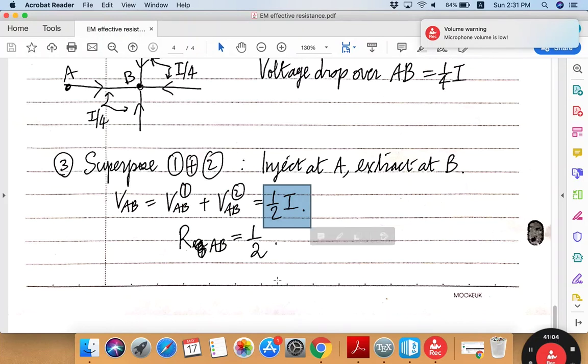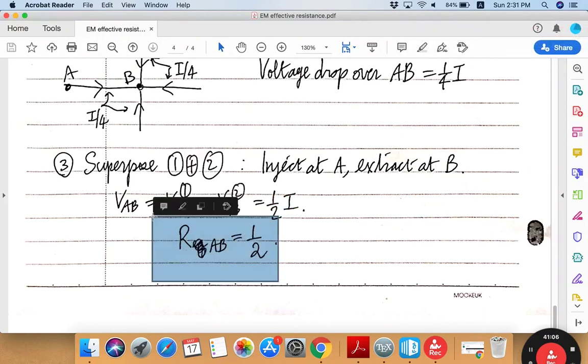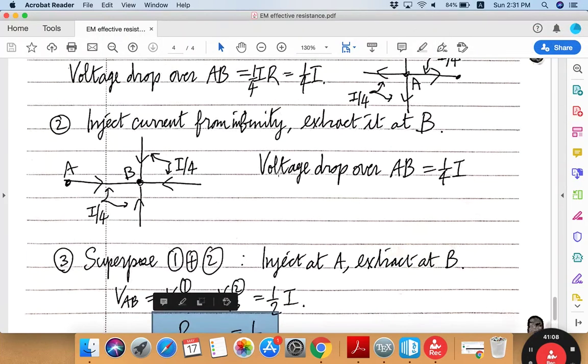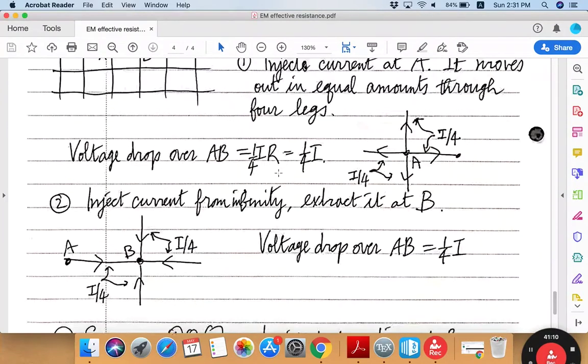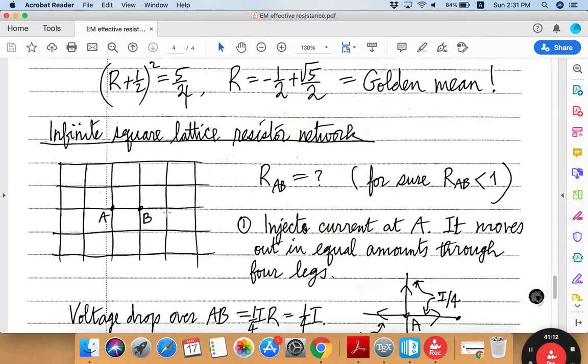So the answer that we are looking for is just 1/2. The bottom line is that if you have an infinite square lattice resistor network consisting of identical resistors, and you ask what is the resistance between the nearby points A and B, the answer is 1/2.